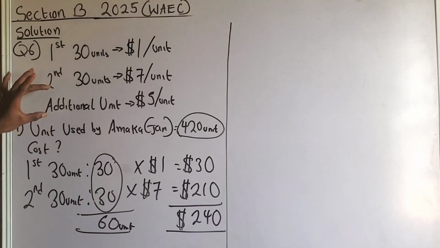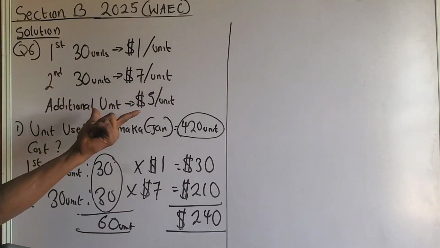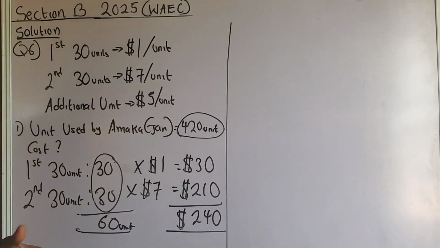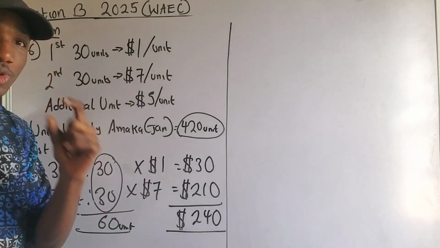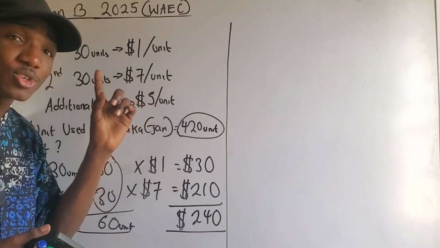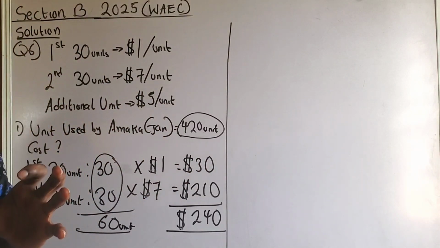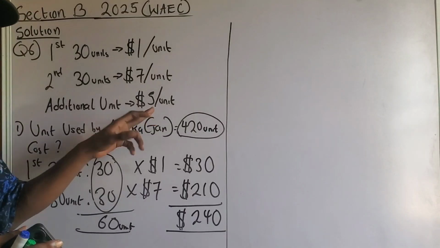Now, in the question, we are also told that the cost of additional units is $5 per unit. I know that Amaka did not consume only 60 units of electricity, because in the month of January, we are told that she consumed 420 units. So I need the rest of the units so that I can multiply it by 5 to get the cost.